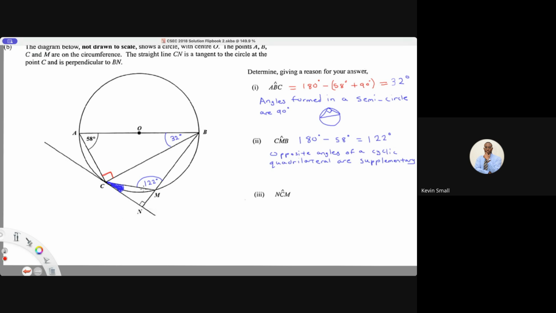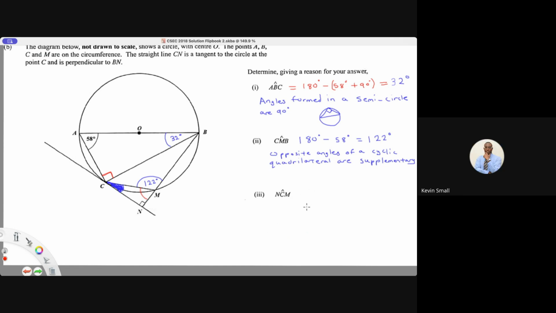Now, how I would have solved it, I don't know if you did it, Kendra, but I would have figured out what this angle here is, and then I would have used that information to figure out this little small triangle that I have down here. So did you do that step, Kendra? Yes, sir.